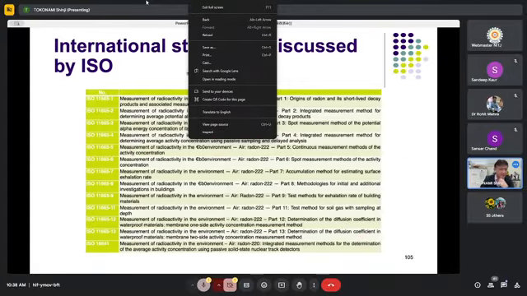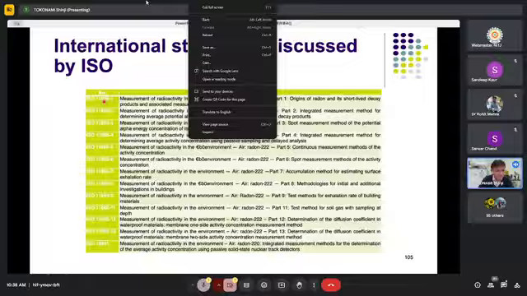As I told you yesterday, there are many international standards related to radon and radon-toron progeny methodology.